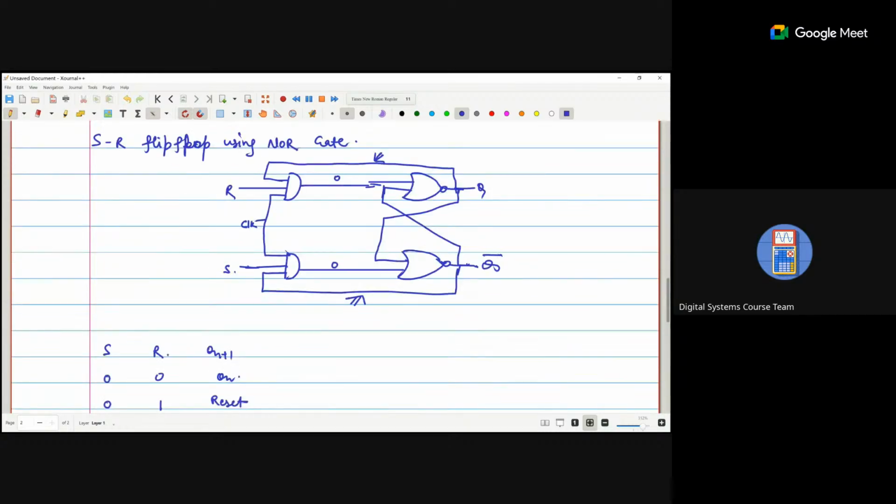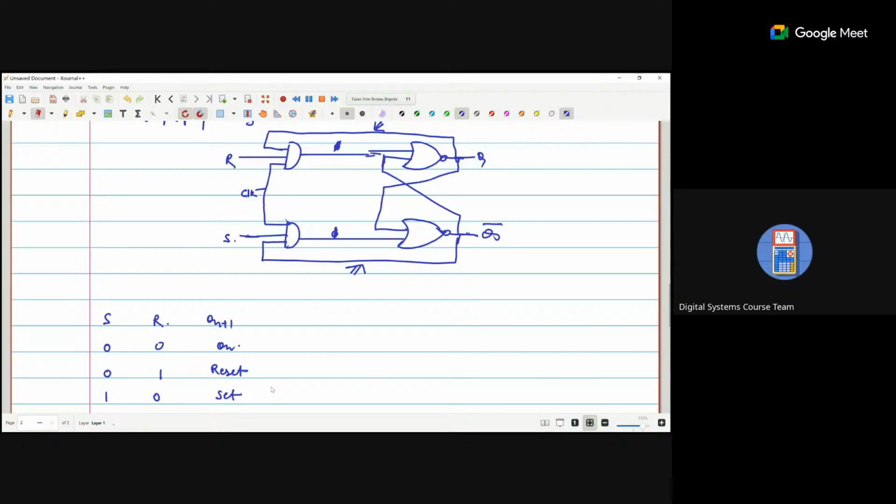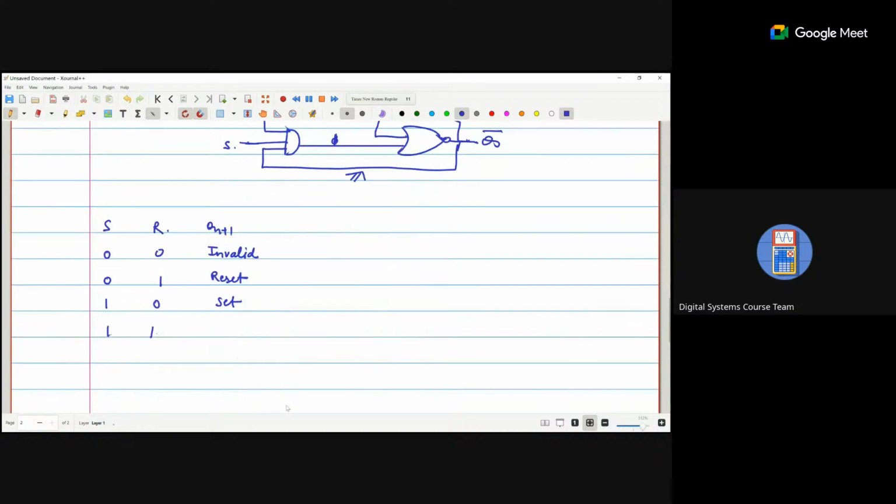And when both are 1, 1, we get 1 here and 1 here.